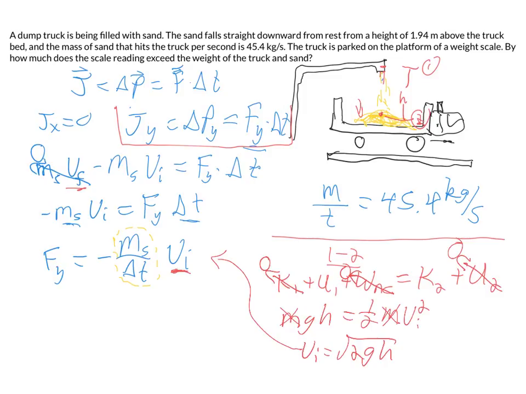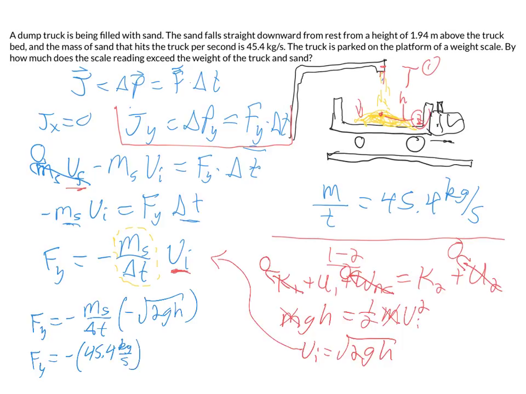So if we pop over to our other equation, we're going to have force in the y is equal to negative mass flow rate multiplied by negative square root of 2gh. So our force in the y is going to be equal to negative 45.4 kilograms per second multiplied by negative square root of 2 times 9.8 meters per second squared multiplied by our height of 1.94 meters.